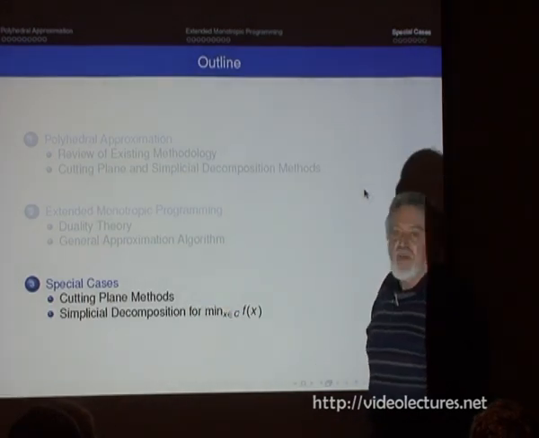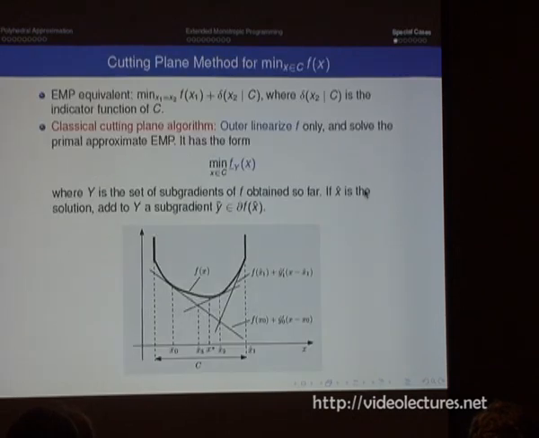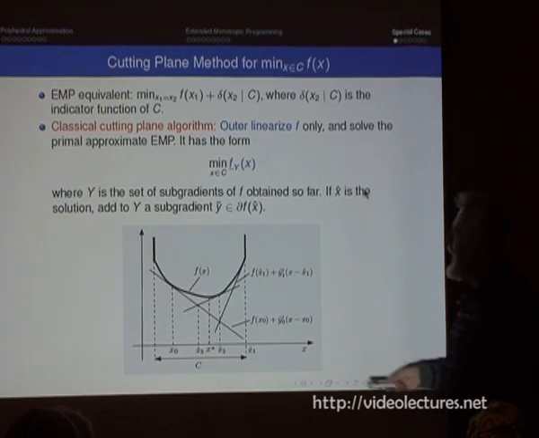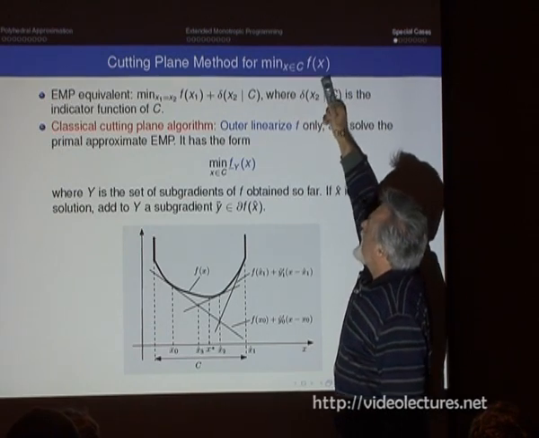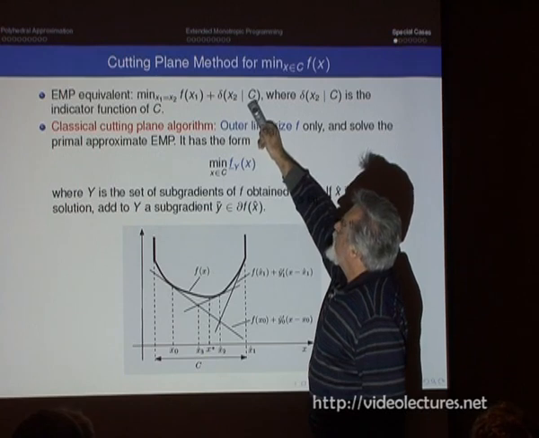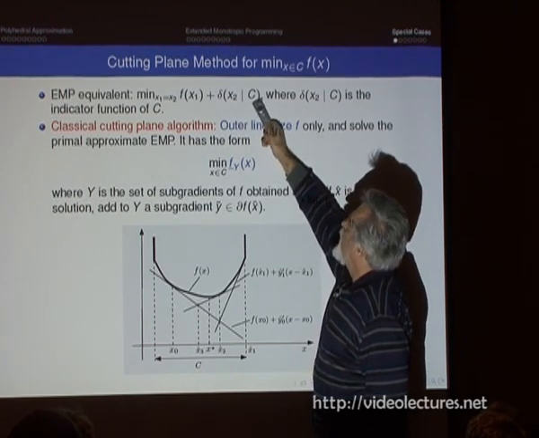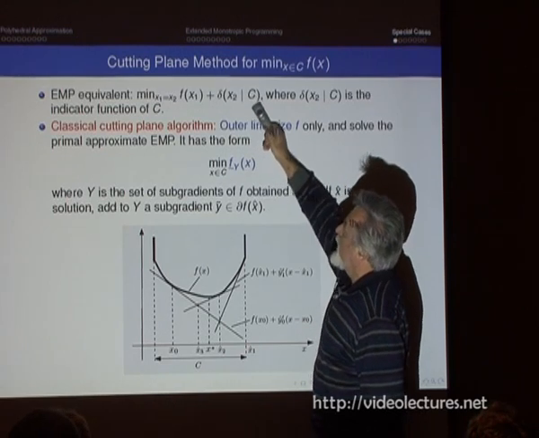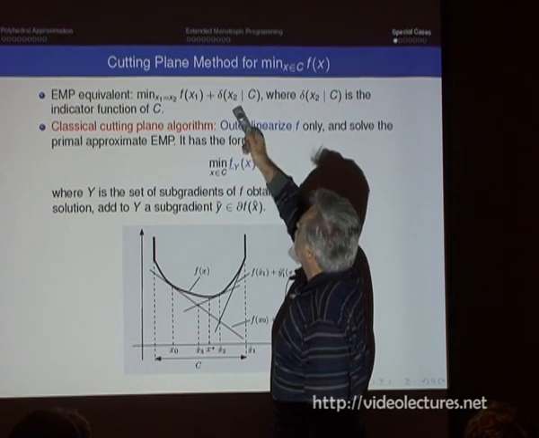So let me talk about special cases. Okay, how the classical cutting plane method maps into this framework. The EMP equivalent for this problem here is to introduce the indicator function of the constraint set as a second function, and to introduce a constraint that x1 and x2 must be equal.